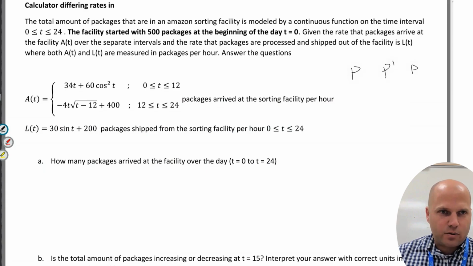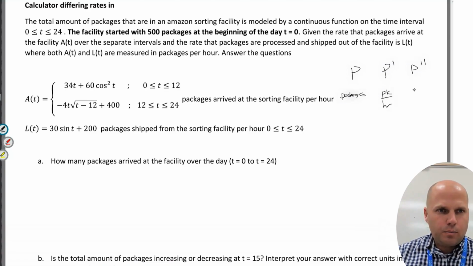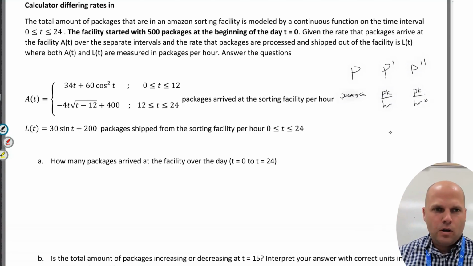Let's fill out our chart, making sure we understand everything. P is packages, total packages. P prime would be packages per hour. P double prime would be packages per hour squared. Both A and L are in packages per hour.